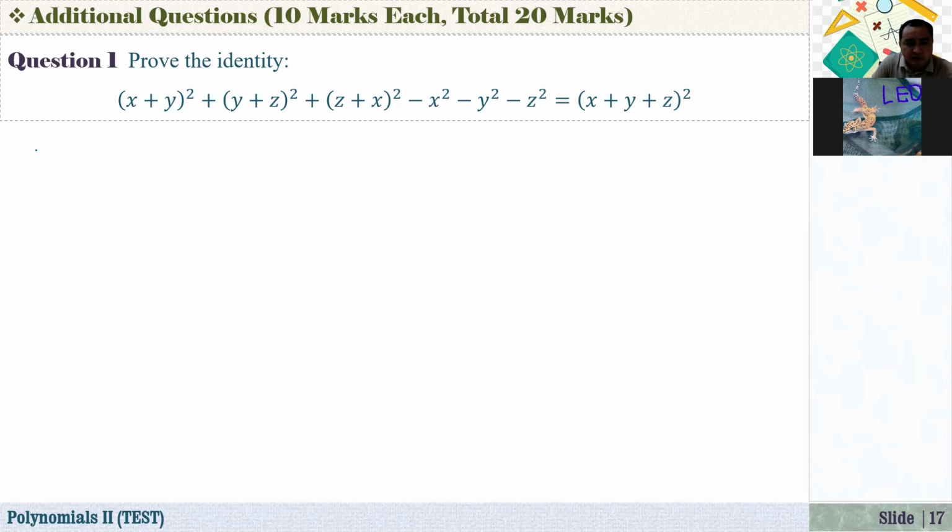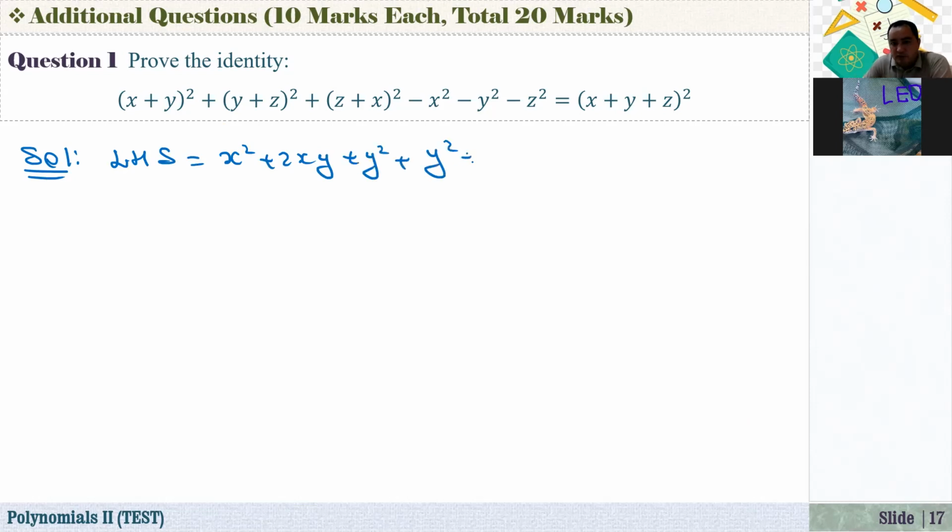Now, solution here, left-hand side is equal to, if we just expand this, here we have x squared plus 2xy plus y squared. And here we have y squared plus 2yz plus z squared.